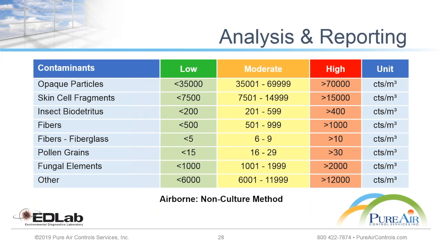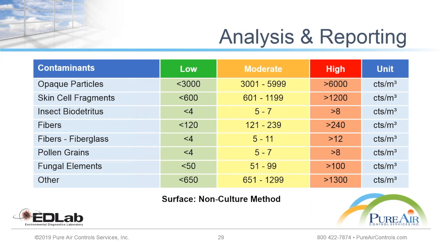Pollen grains should be less than 15 counts, and fungal elements less than 1,000 counts. Others, which include various kinds of particles, rust particles, black particles, yellowish particles, or any kind of debris that is not identified, we put in other. Their concentration should be less than 6,000 counts per cubic meter volume of the air. And yes, this is for the airborne samples that you would collect when you're doing your building investigation.